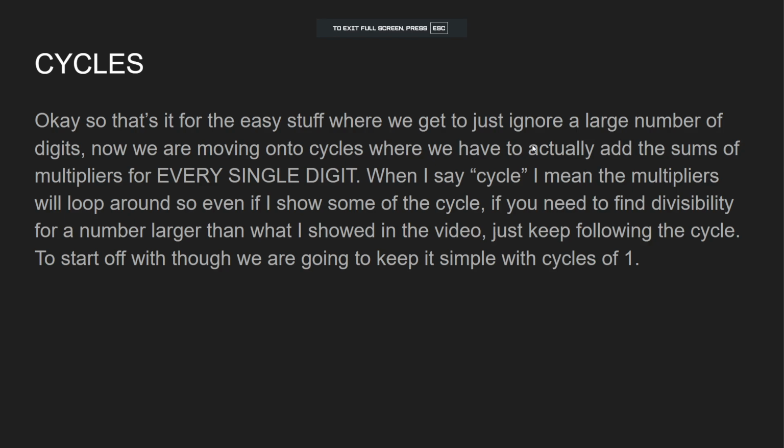So remember, way back when I said there's 2 methods for finding out numbers that are divisible by prime numbers? This is the other method. For cycles, we're going to have to take into consideration every single digit, like I said earlier.